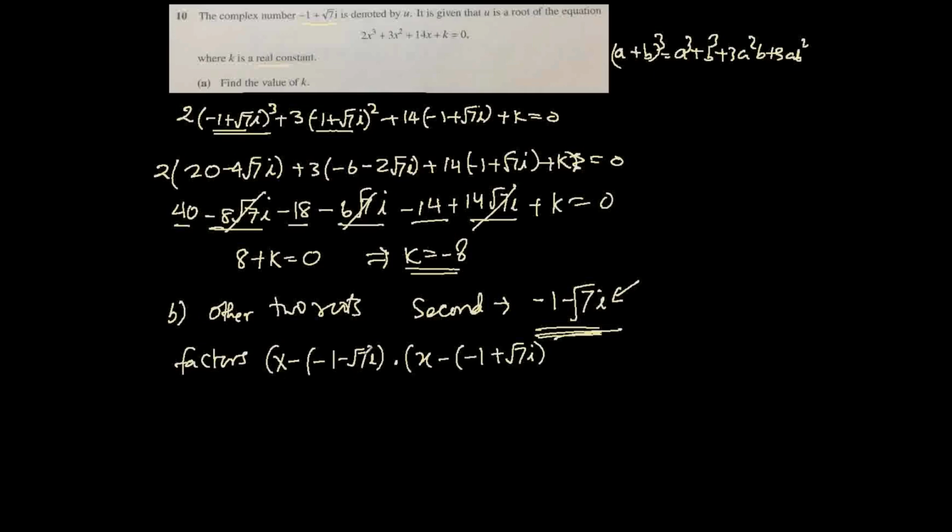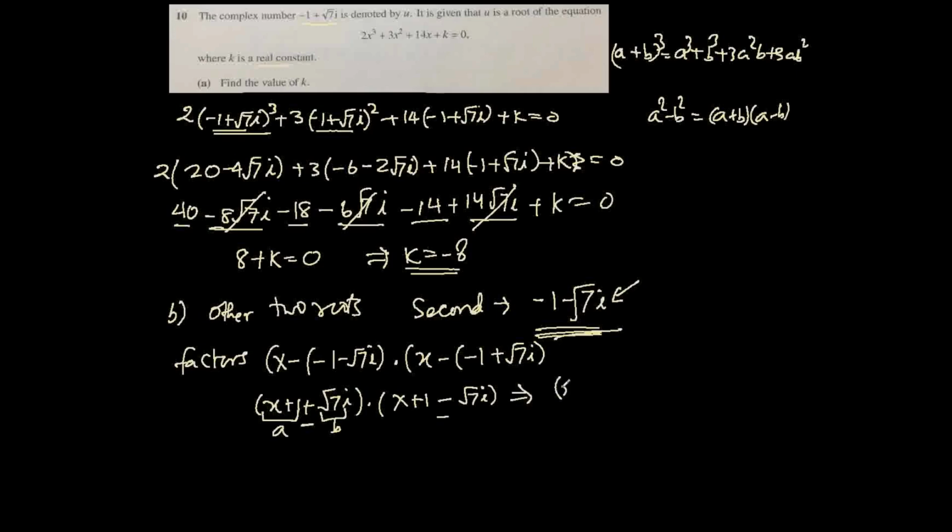We will get the result of these two. So let's open the brackets first. x plus 1 plus square root 7i multiplied by x plus 1 minus square root 7i. So we know another identity, which is a square minus b square equal to a plus b, a minus b, right? If I consider this thing as a and this thing as b, it becomes a plus b, a minus b, so it will be a square minus b square.